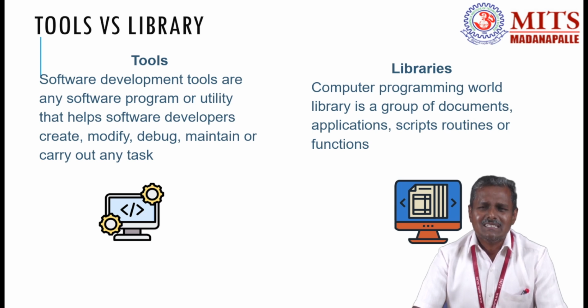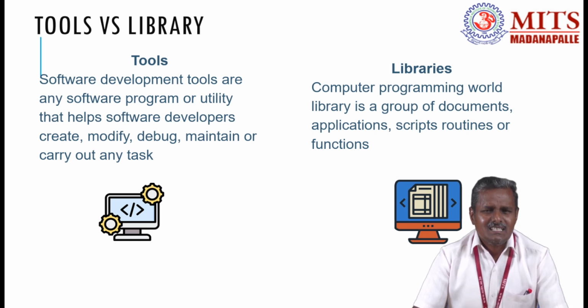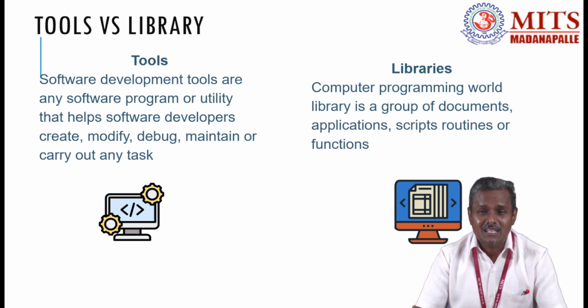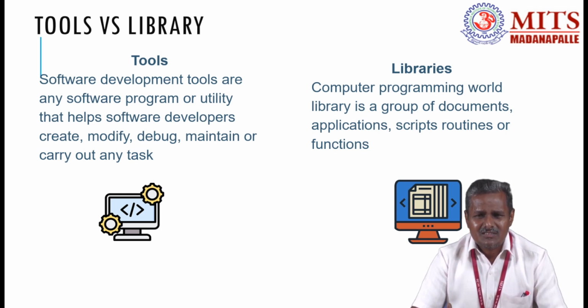For example, Eclipse and NetBeans. These are IDEs that provide an integrated development environment. That is, it gives the total environment to create, develop, modify, update or debug software applications. So this is called a tool.